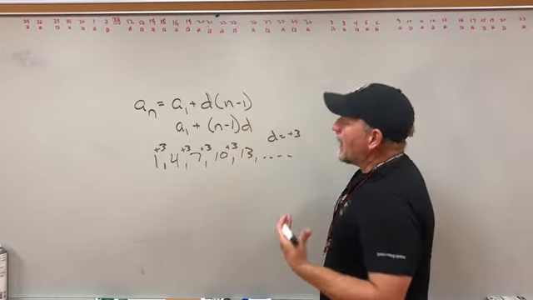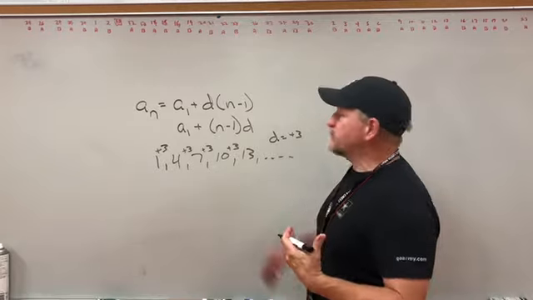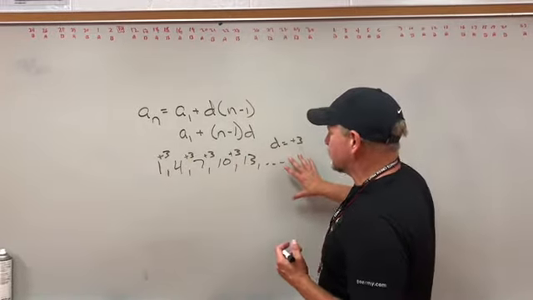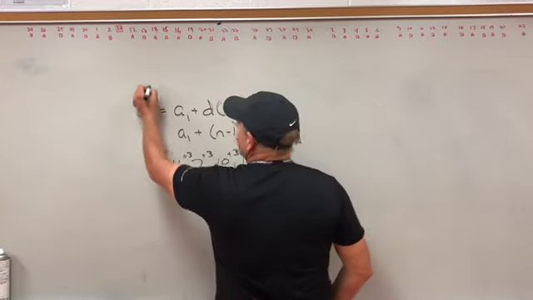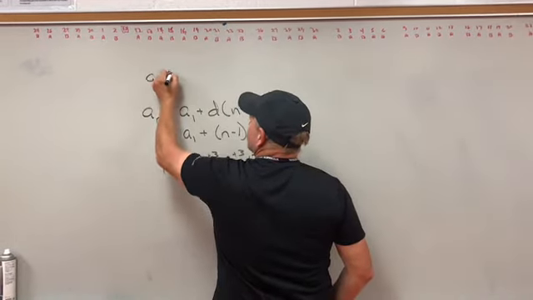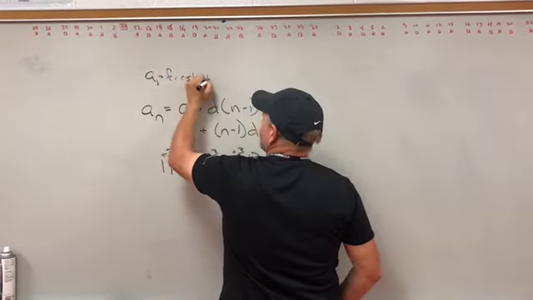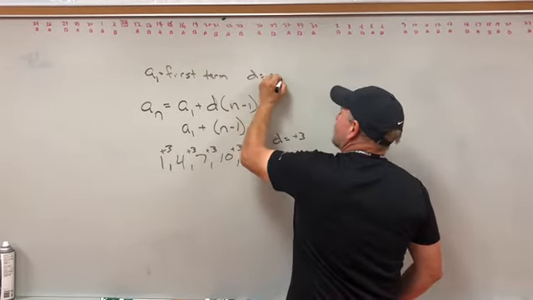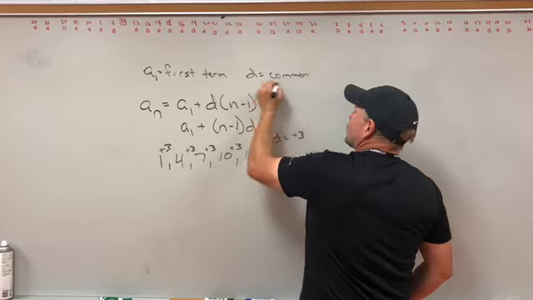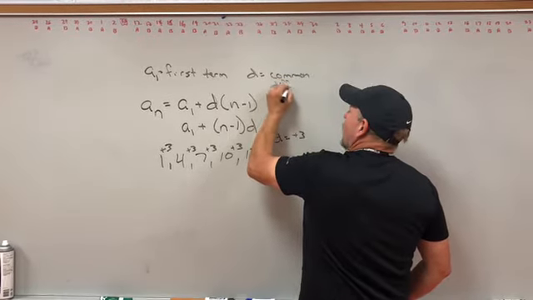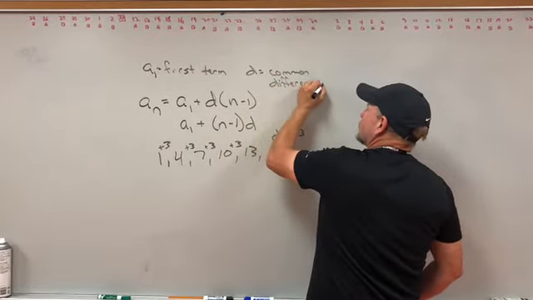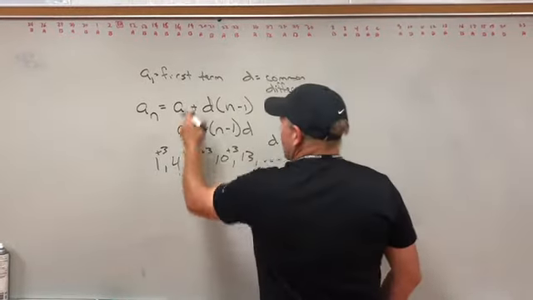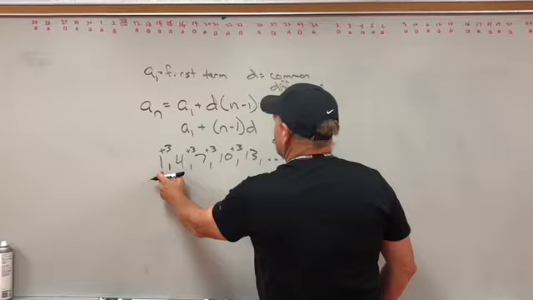Now, how would I figure out what the specific explicit formula is for this sequence of numbers? Well, check this out. The a sub 1 means the first term. The d means common difference, or in other words, how are we getting from one number to the next? Is it consistent? Okay? So, do we have an a sub 1? Yes, 1. Do we have a common difference?